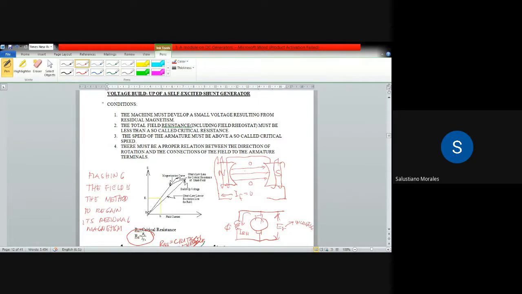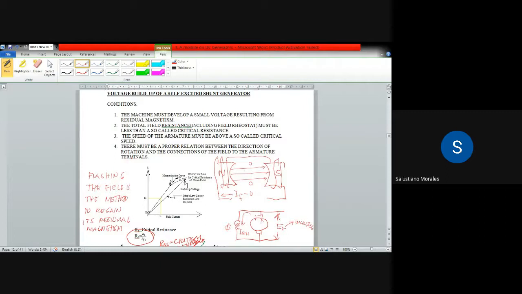And the same also for the other types of generators, say for series generator, and also compound generators. They are self-excited generators. So if you meet these problems maybe later on, then you have already an idea how you could correct it so that it will build up the voltage of a DC generator.